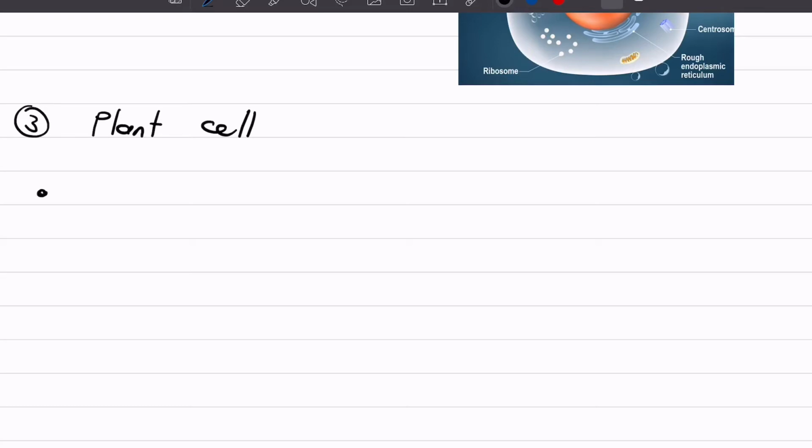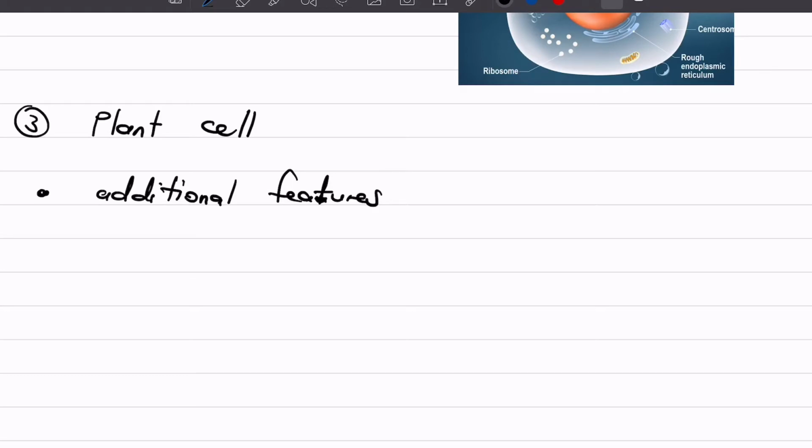So for the plant cell, it has additional features that are not present or visible in animal cells.